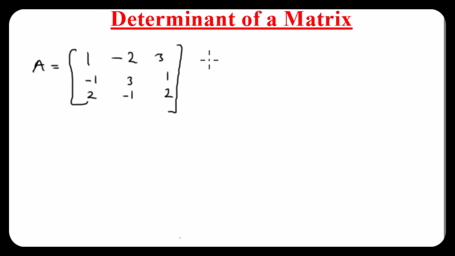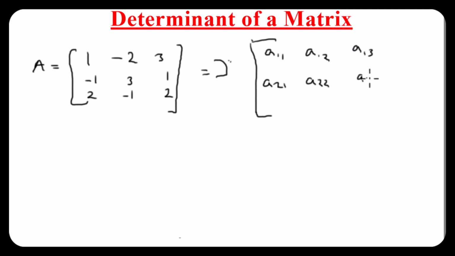So what do I mean? Remember, we can write matrix A according to its unique identifiers. So the elements are A11, A12, A13, then A21, A22, A23, then A31, A32, A33.